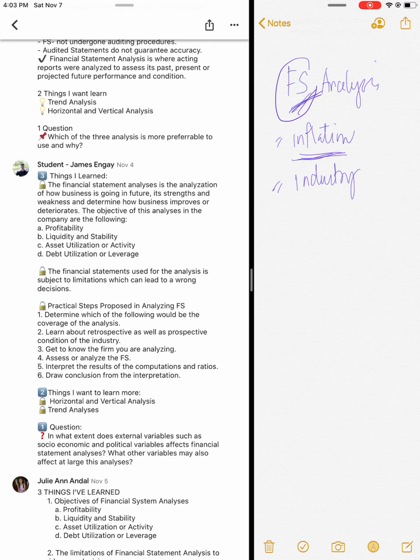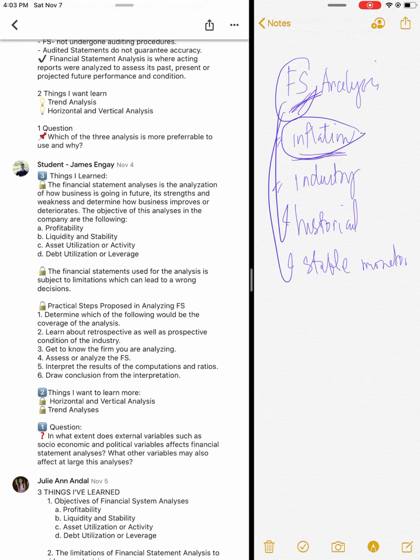Kasi ang financial statement ay historical by nature. Okay? It is historical by nature. Ang financial statements, stable monetary unit ang ginagamit. Because that is what is presented or what is required in the standards. Okay? Kapag may inflation, hindi na papasok ang stable monetary.